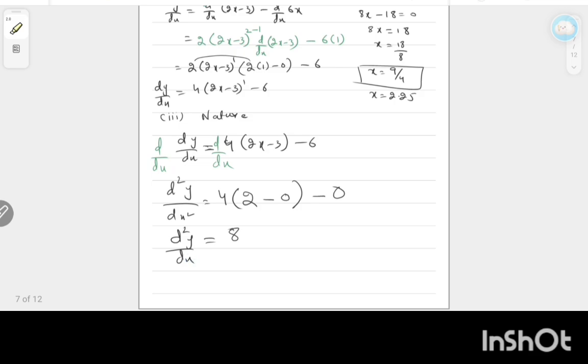Now we have to put x equal to 2.25 here, but there is no x value, so d²y over dx² is only 8. We already discussed that if the double derivative value is greater than 0, or positive, our function is minimum. The function is minimum.